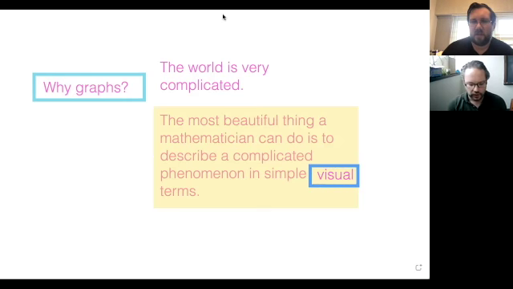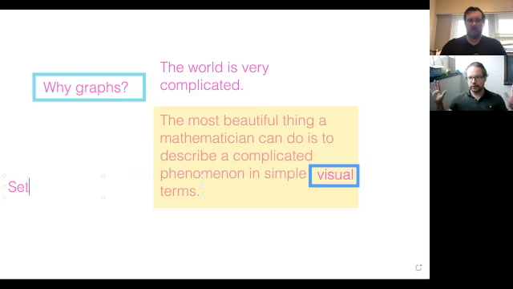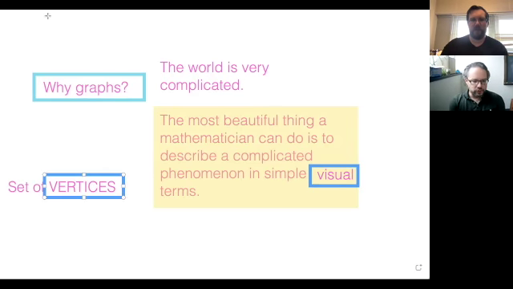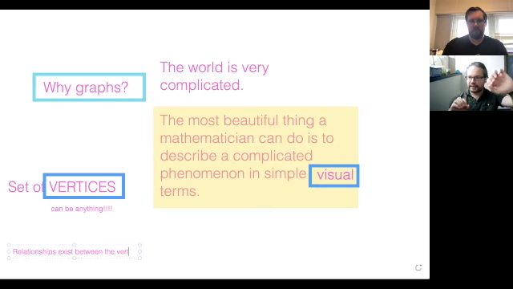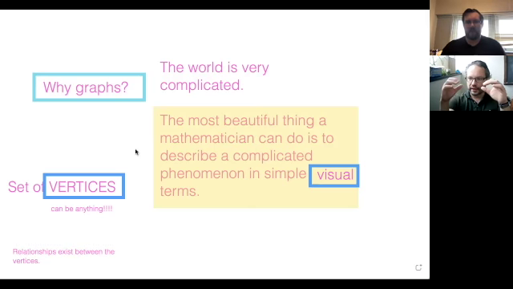structure. So with graphs, you have a set of vertices, right? And these set of vertices can represent anything you want in the world. And then the only thing is that between those two vertices, you need to have some kind of relationship that exists or doesn't exist. For example, they could be related, right? So we could have our vertex set could consist of people, and we could have the relationship related.